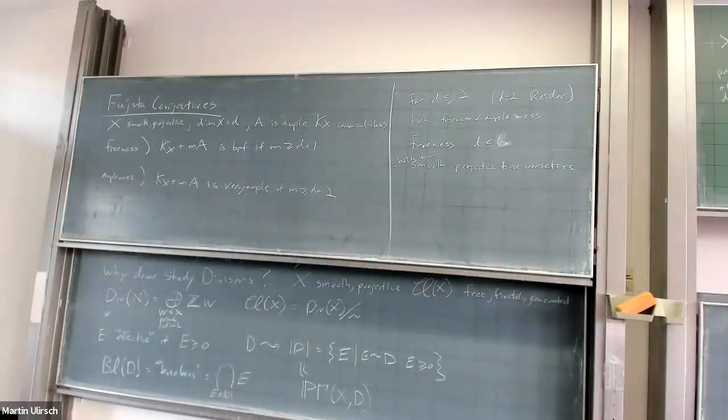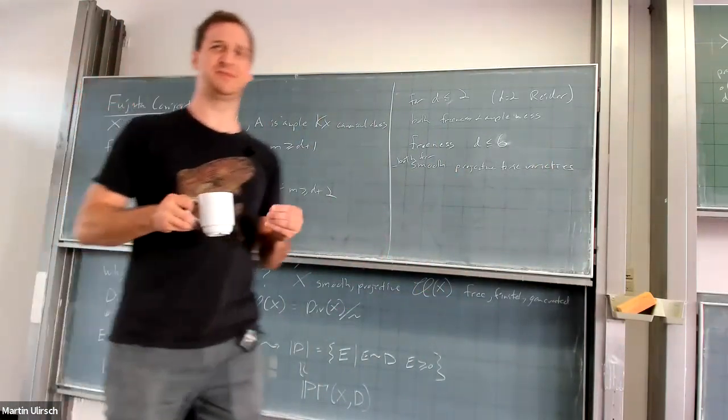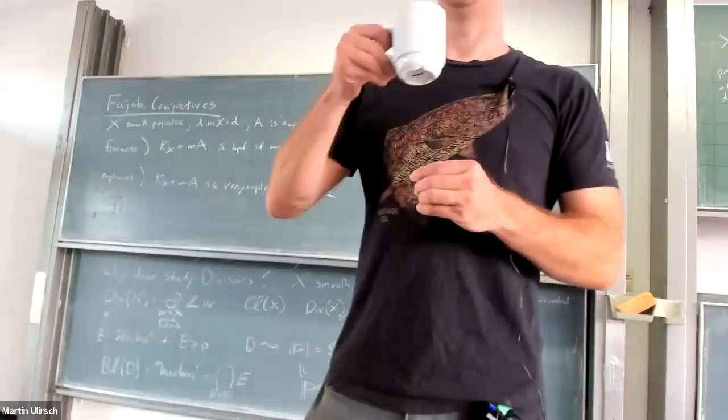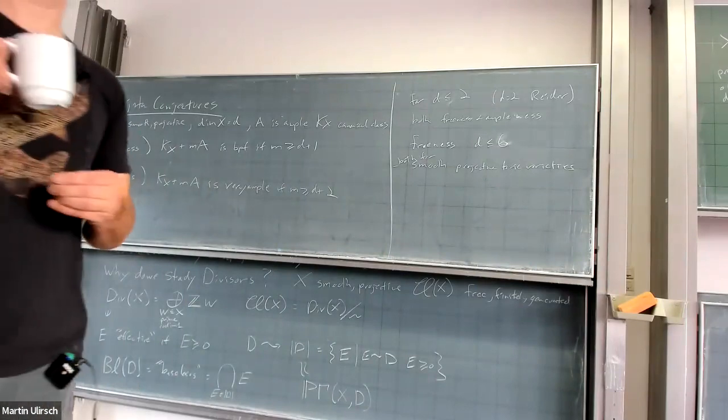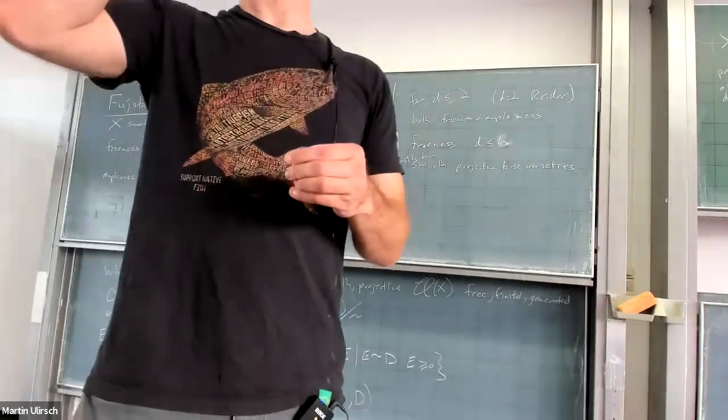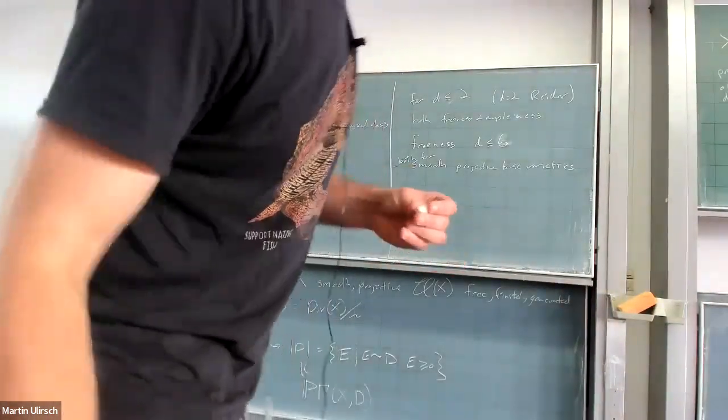But if you take a big, long, several-year course from that book, Cox, Little, Schenck, and maybe if you read some of Lazarsfeld's book, you could probably cobble together a proof of this.